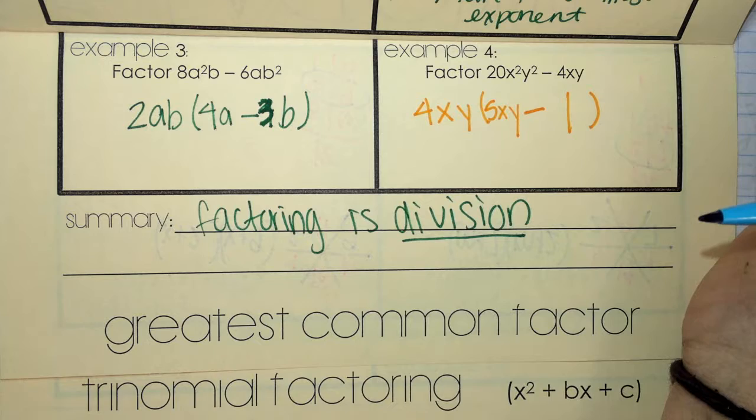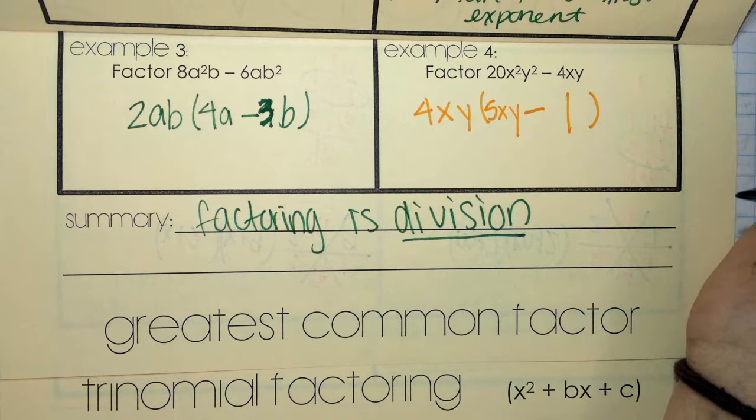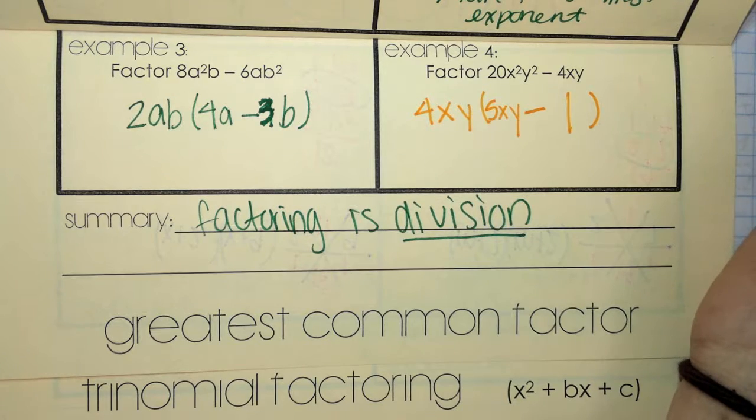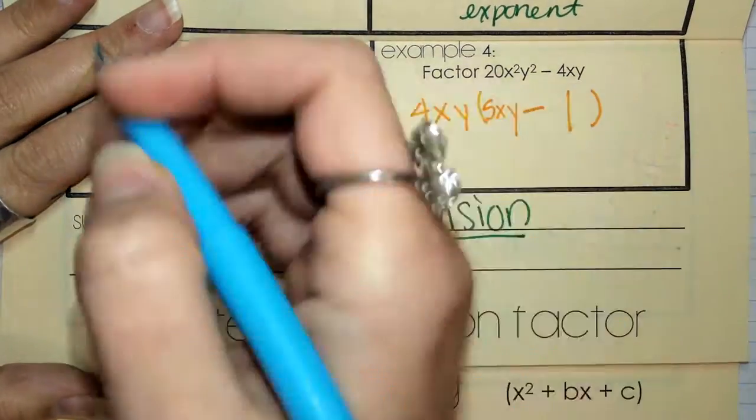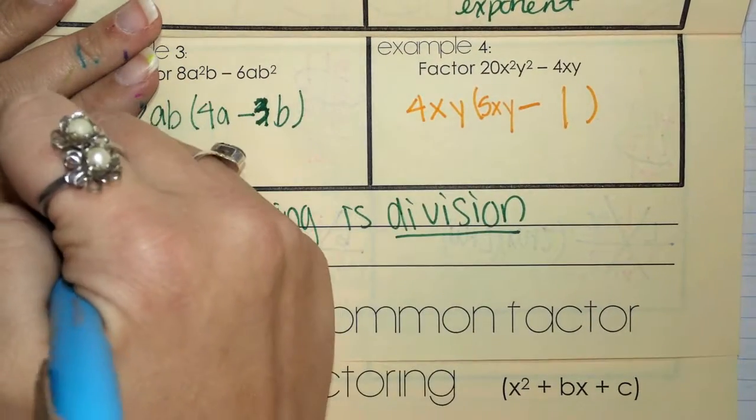I know that GCF means greatest common factor. I want you to tell me what that is, and yes, it's division, but I need specifics. Natalie. The biggest number that will go into. Yes, take a point. All right, so let's write that down.